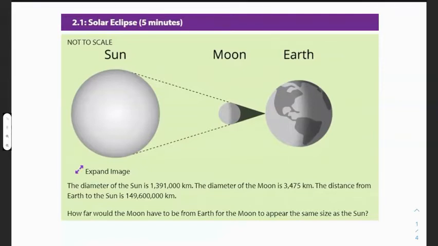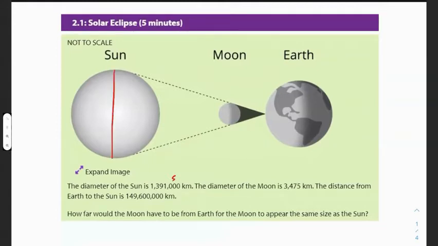Basically the idea here is, if we're going to go off of the dimensions of the sun, they tell us the sun here is 1.3 million and some change for the diameter. That's a horrible line, I don't know what happened there.